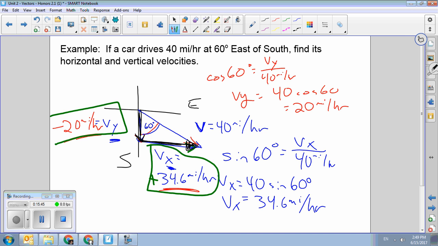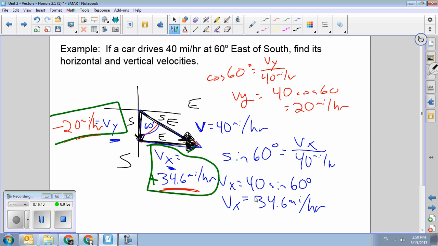And the resultant vector, the overall vector, the hypotenuse vector, will always be head-to-head with one of the components and tail-to-tail with the other component. Notice the directions of the two components model the direction of the overall vector. Here, this vector points south and east, so my two components have to point south and east.